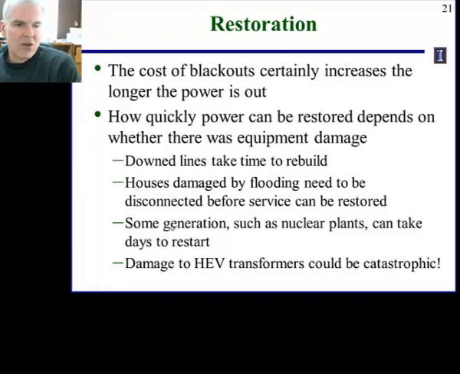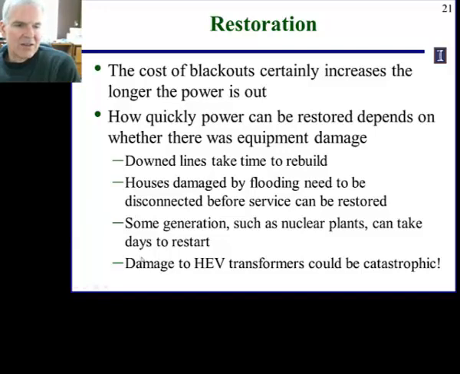Also, when you have a large-scale outage, some generation, such as nuclear power plants, can take days to restart. I know after the August 14th, 2003 event that some of the nuclear power plants were down for many days as they tried to get them restarted.